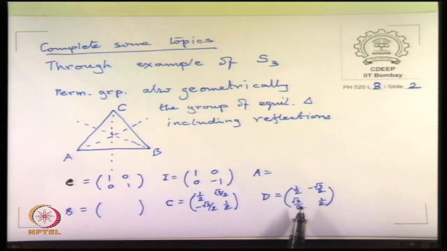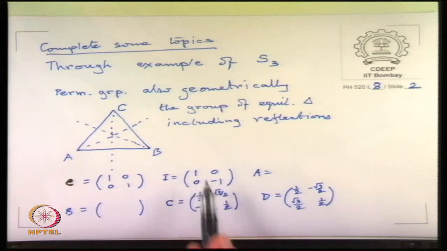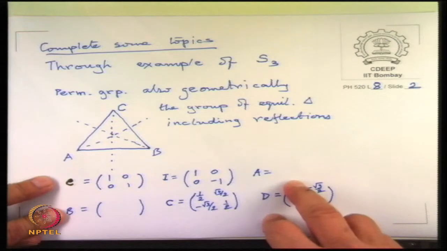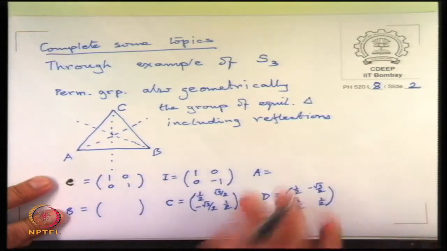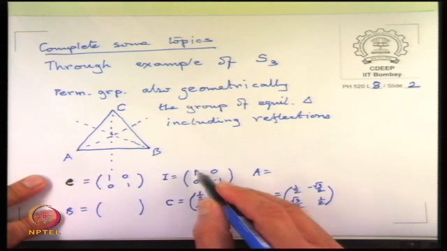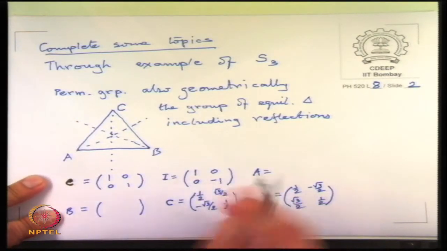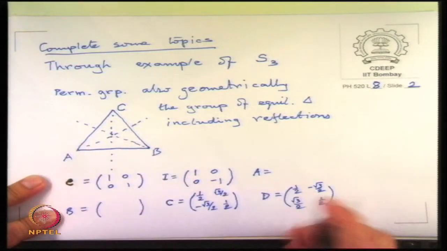Now these matrices act on xy axes, okay, and we are claiming that these are symmetry elements, but they have a correspondence in this. So I is the one where only one of them gets flipped, it is an improper rotation.